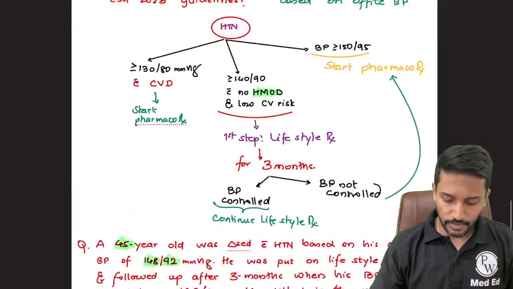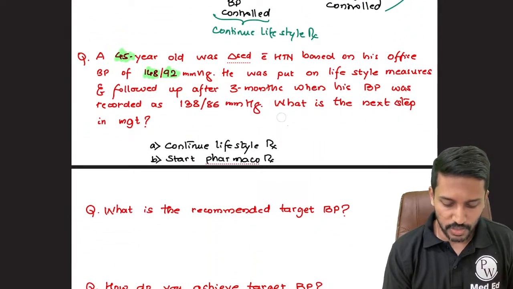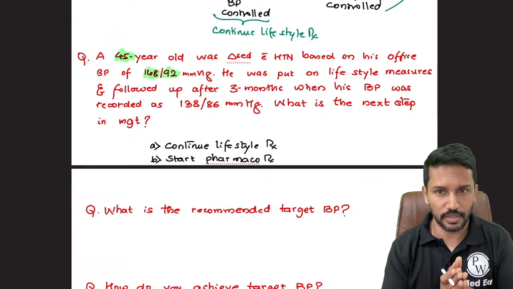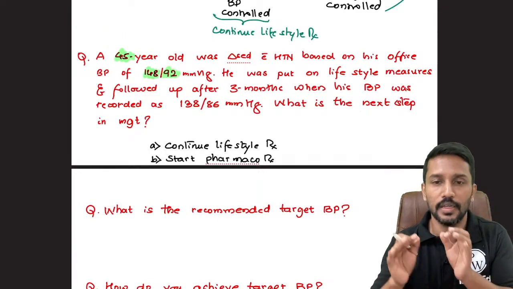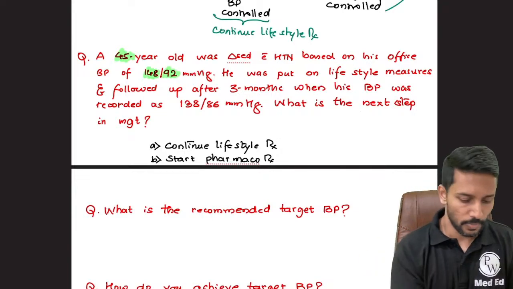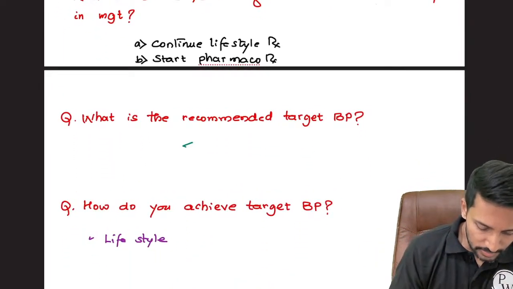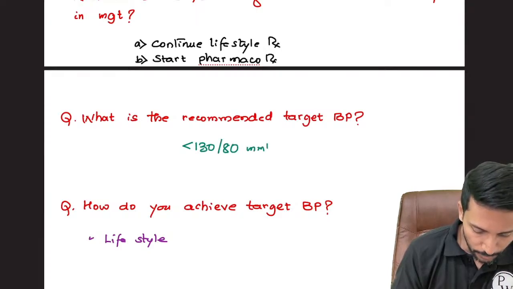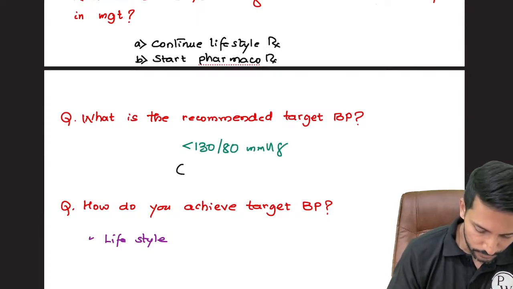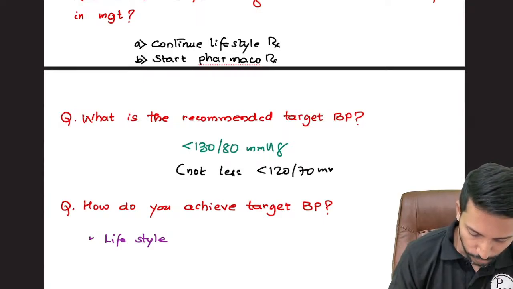If I'm giving you the example of sugars, then we primarily use HbA1c as a marker for glycemic control. HbA1c less than 7 minimizes the risk of organ damage significantly. Similarly, when it comes to hypertension, the recommended target is less than 130/80 millimeters of mercury, but not less than 120/70 millimeters of mercury.